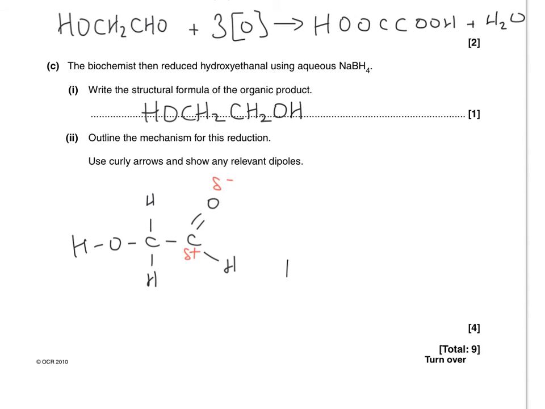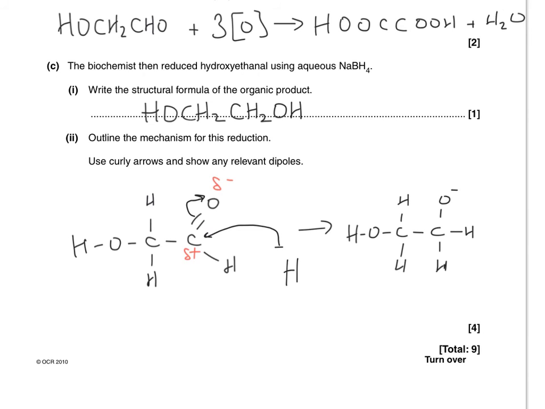So the reducing agent is represented as an H- ion, hydride ion, and they come from the NaBH4. And so in terms of mechanism, we need a curly arrow from the minus sign to the slightly positive carbon, and that will repel the pi electron pair completely onto that oxygen.